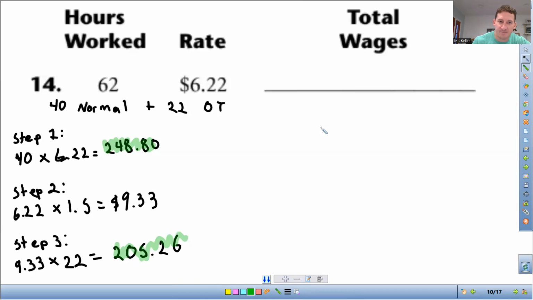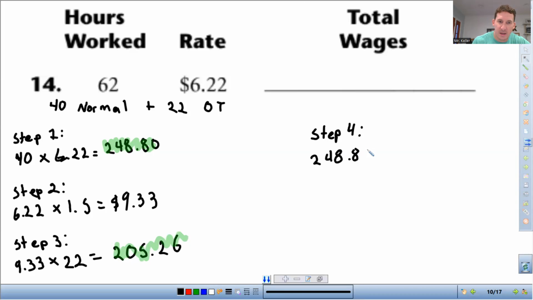So last step, 248.80 plus 205.26. 248, and that comes out to 423.26.